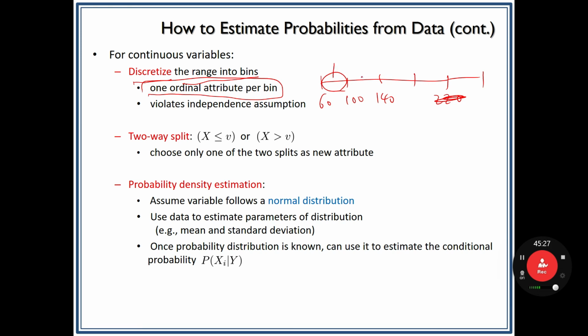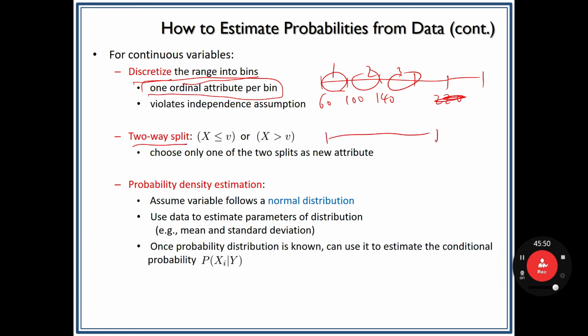So we make this continuous variable discrete by discretizing the continuous space. Or, even much simpler, we can just split into two bins.